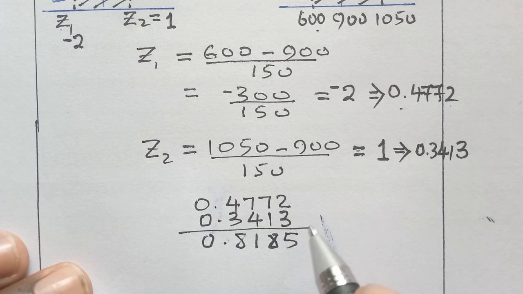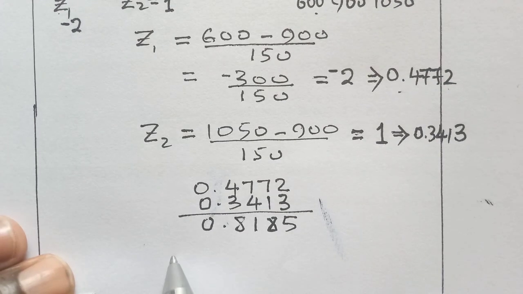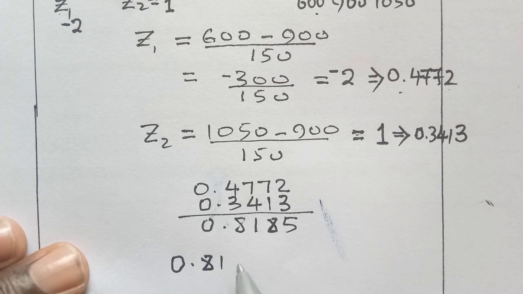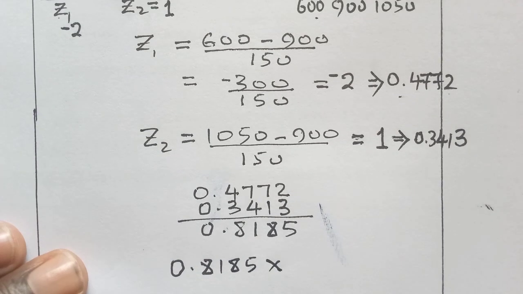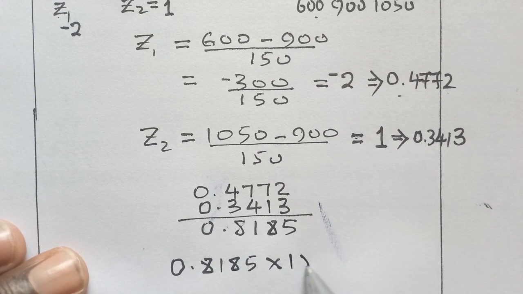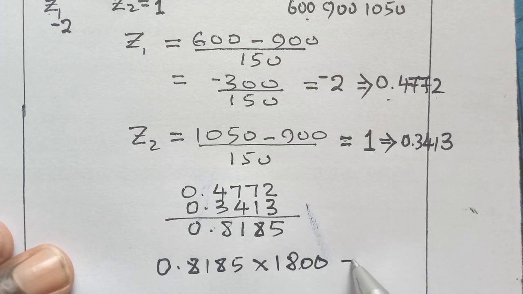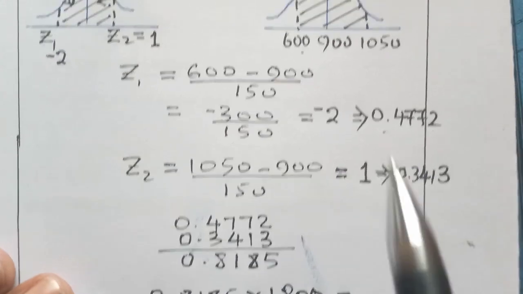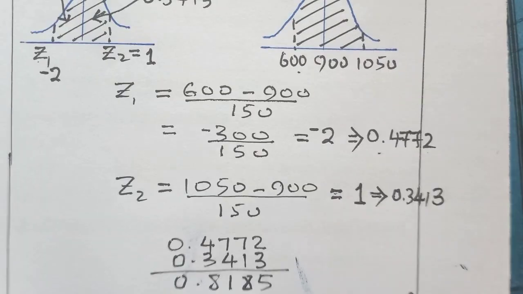And so we now multiply that probability with the number of items, or so to say, the light bulbs. The light bulbs are actually 1800. So let's see the number of light bulbs that are between 600 and 1050 hours.